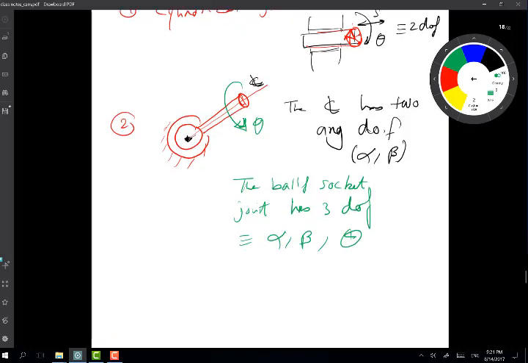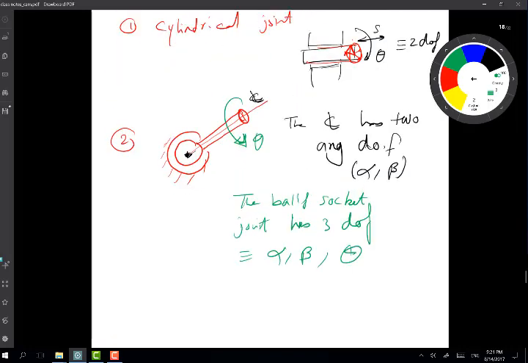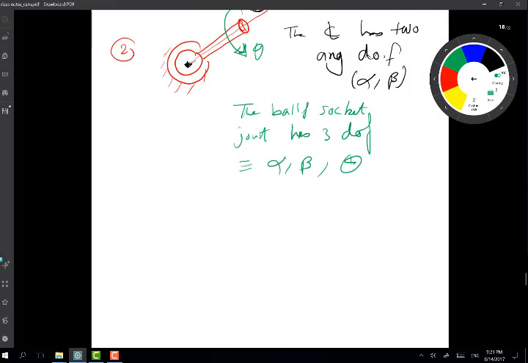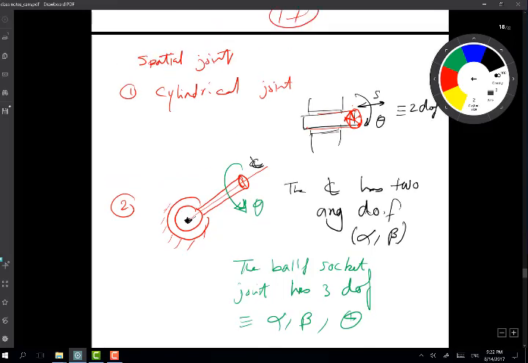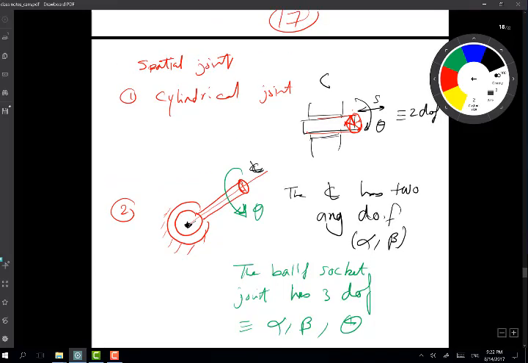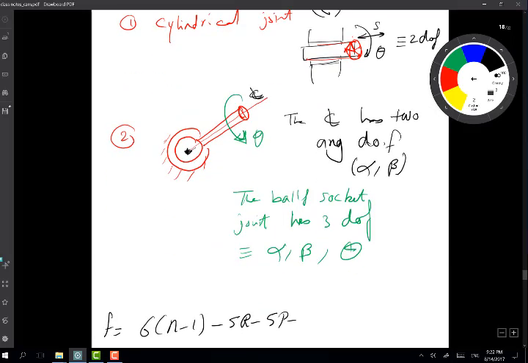So if I want to incorporate those two components now in my equation, I'm going to write the equation like that. I'm going to say F is equal to 6n minus 1 minus 5r minus 5p minus, for this joint here, I'm going to use C as a symbol for it.